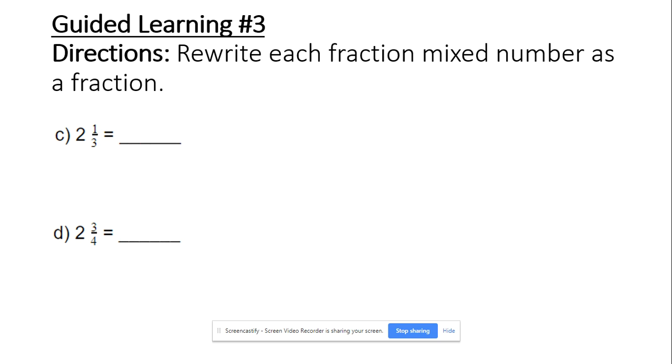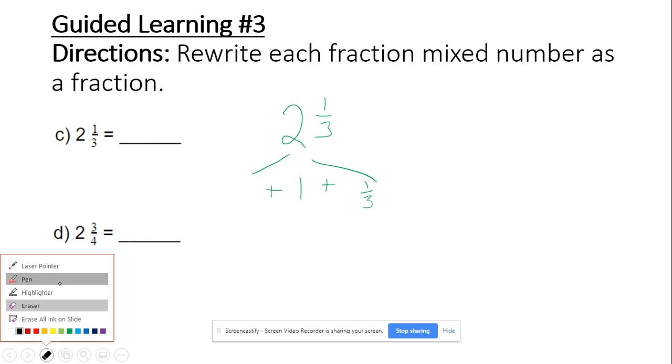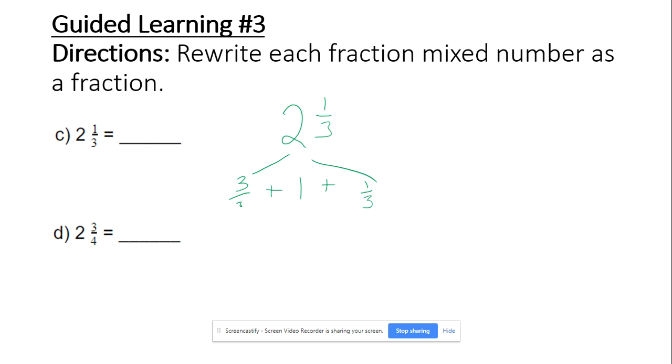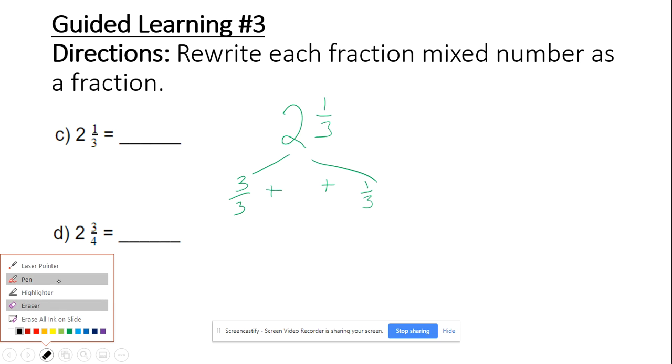Last slide. 2 1/3. Okay. So if we broke this up, we would have 1 plus 1 plus 1/3. As we're dealing with thirds, we can rewrite 1 as 3/3, and we can rewrite this other one as 3/3.